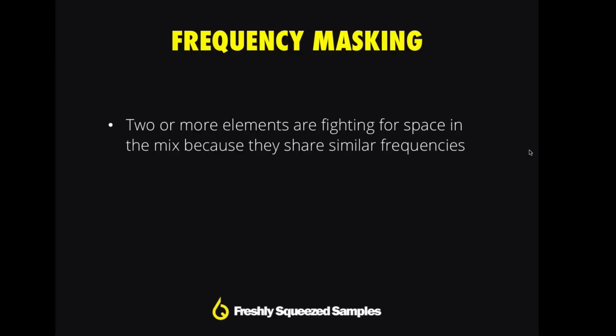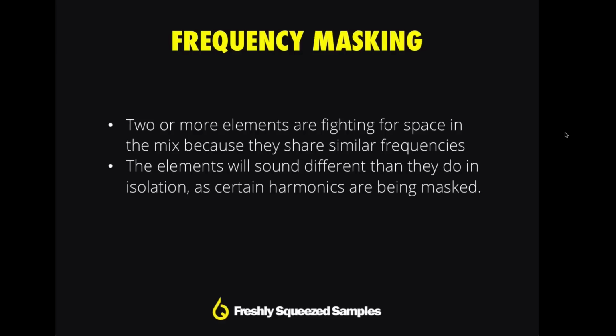If you've got a piano, which takes up a vast area of the frequency spectrum, and you try to lay a ton of other sounds that have equal weight and equal volume, harmonics and different parts of sounds will disappear and get crowded and so on. And the main problem with frequency masking, other than it sounding really bad, is that elements will sound different than they do in isolation as certain harmonics are being masked.